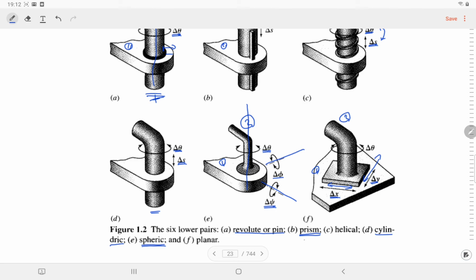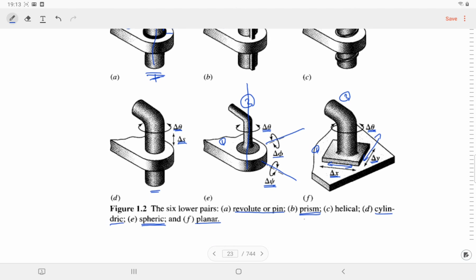In addition to that, it can also rotate, and that rotation is denoted by delta theta. Such a pair is known as planar pair. So these are the different types of pairs.